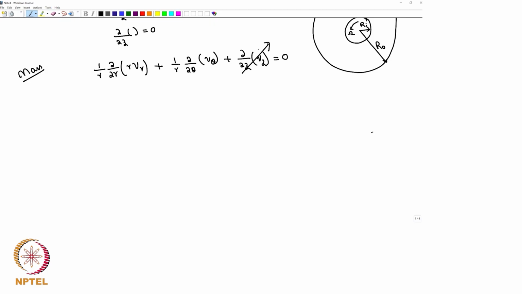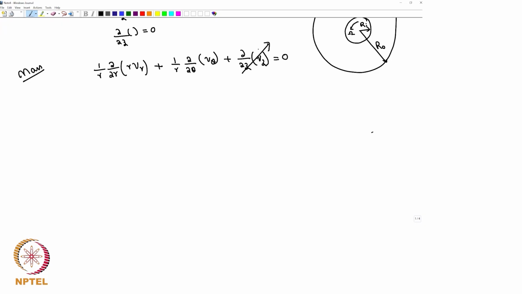Now we need to simplify this equation. We know that we are assuming that the flow is purely azimuthal. That means it's only in the direction of theta, and the cylinder is infinitely long, so there is nothing that's changing in the z direction. So we throw away the last term, del by del z of Vz is equal to 0.